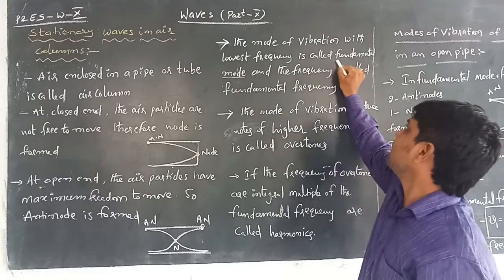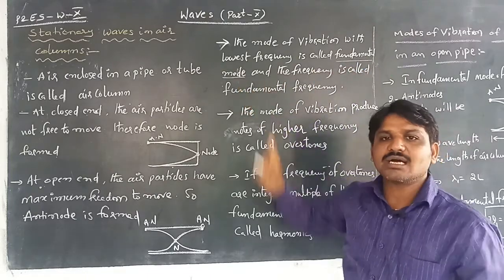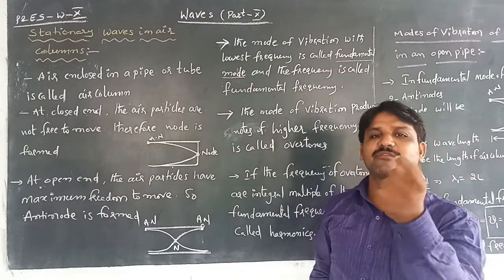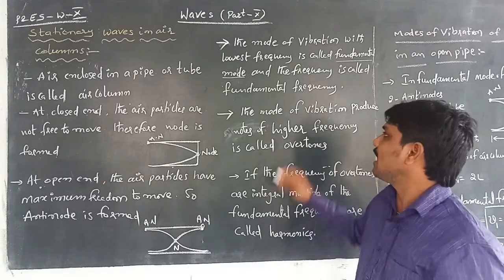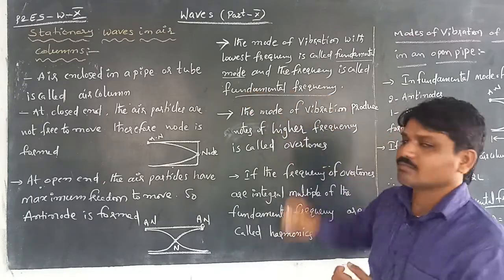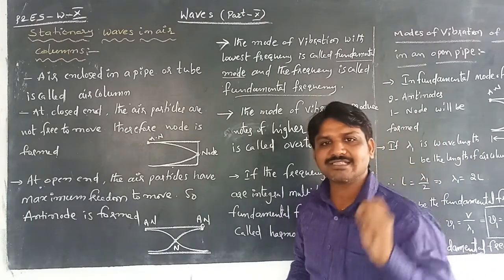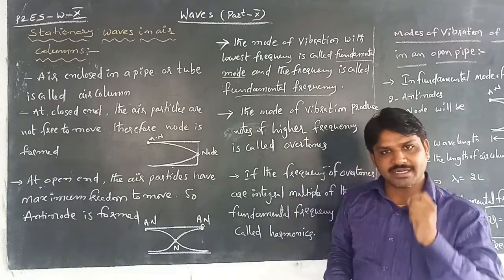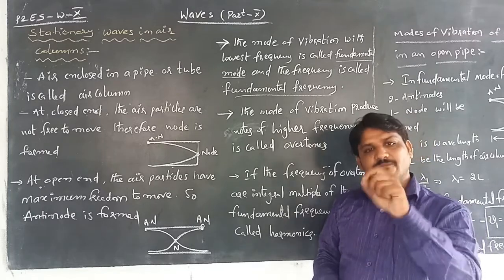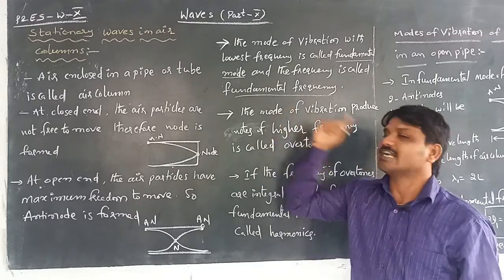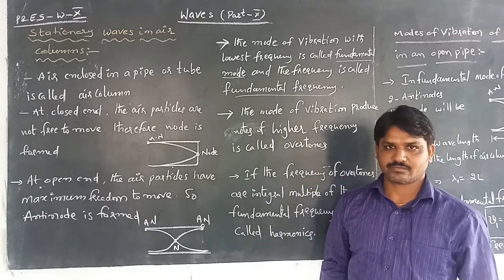The lowest frequency that can be formed in an air column is the fundamental frequency. The mode of vibration with the lowest frequency is called the fundamental mode, and its frequency is called the fundamental frequency.